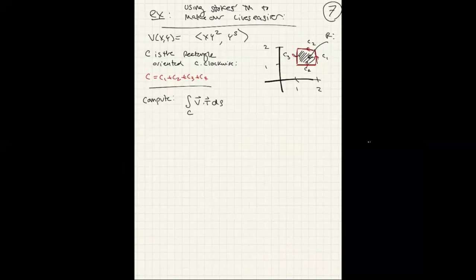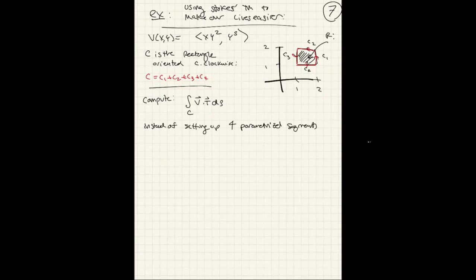So instead of setting up 4 parameterized segments, because you would get an integral on each edge, you'd want to do it 4 times, and there's just no way to set it up in a nice way that does it with one parameterization.